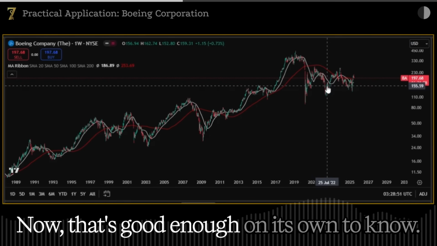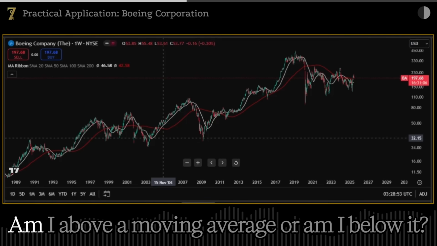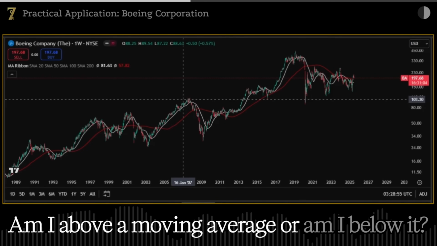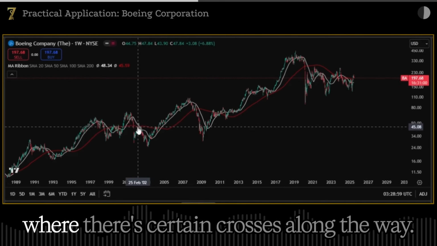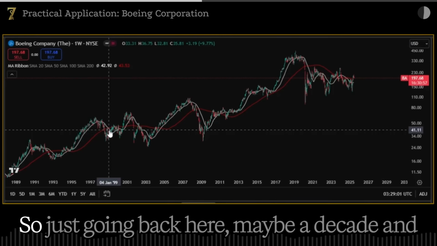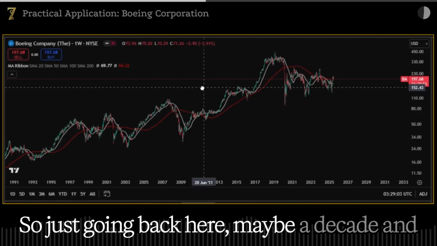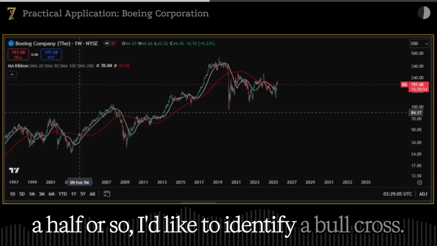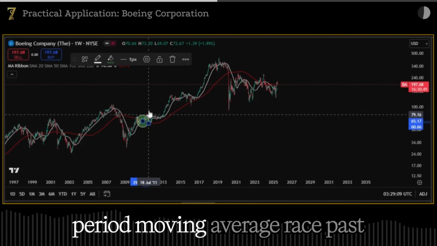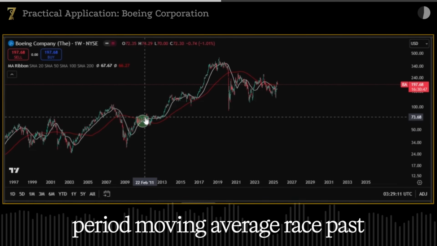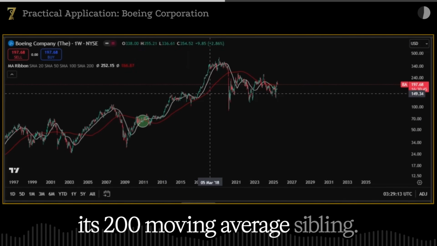Now, that's good enough on its own to know, am I above a moving average or am I below it? But the really key takeaway is identifying where there's certain crosses along the way. So just going back here, maybe a decade and a half or so, I'd like to identify a bull cross. A bull cross is when you see a 50 period moving average race past its 200 moving average sibling.